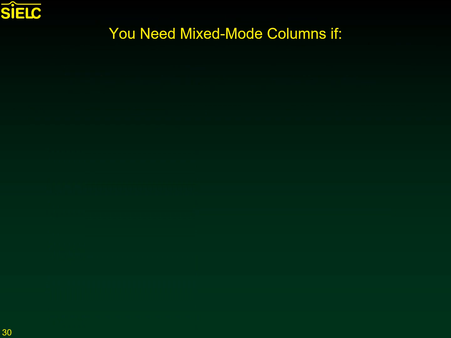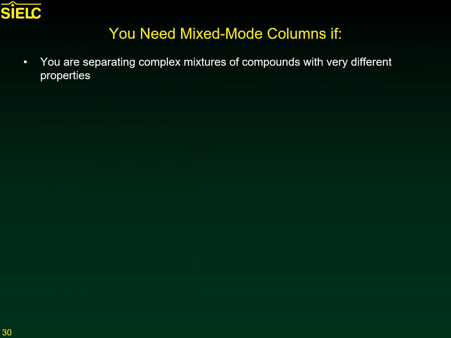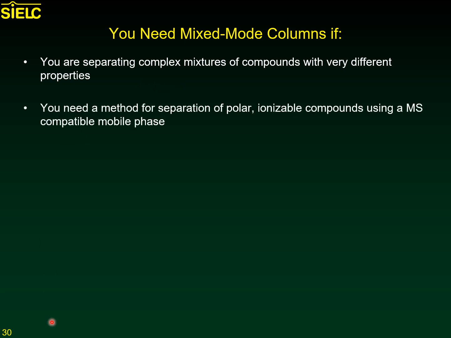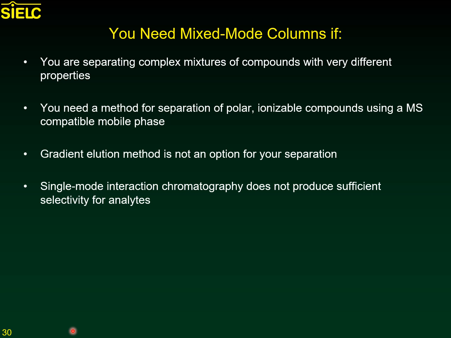You need mixed mode columns if you are separating complex mixtures of compounds that have very different properties. You need a method of separation for polar ionizable compounds using a mass spec compatible mobile phase. Gradient elution method is not an option for the separation you're trying to perform.